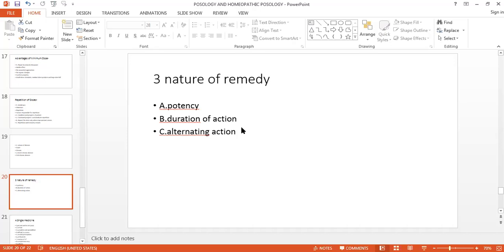Yesterday only I told you that there are the 12 observations of Kent where he described all the types of patients that we can face, what we will face in our OPD, in our clinic. So according to his thousands of patients, he made that list of observations.